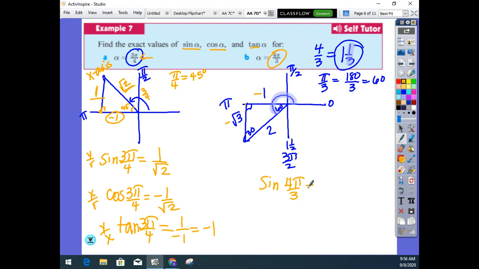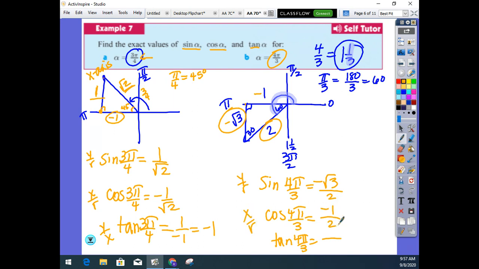Make sure you're writing the exact angle. Cosine, tangent. So sine is y over r. Cosine is x over r. And tangent is y over x.